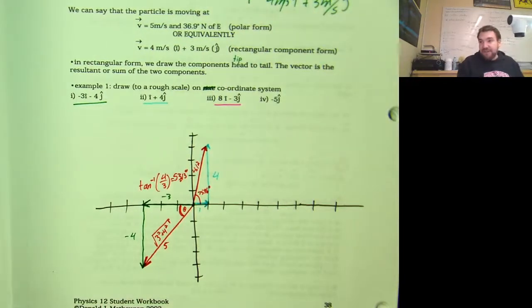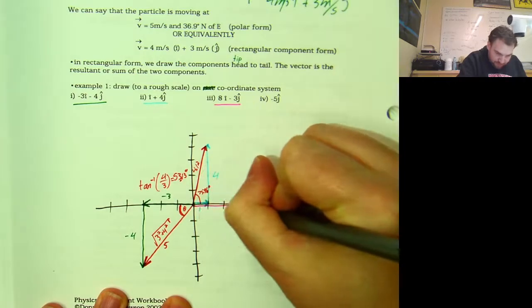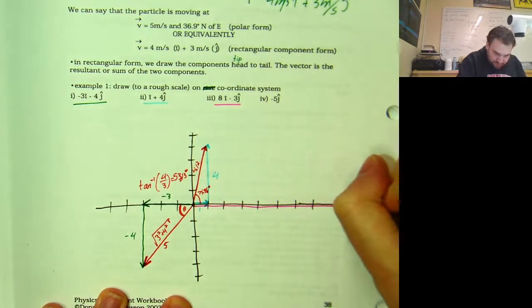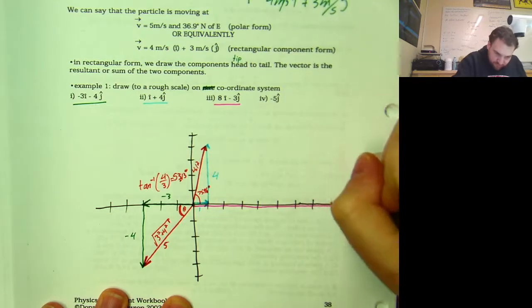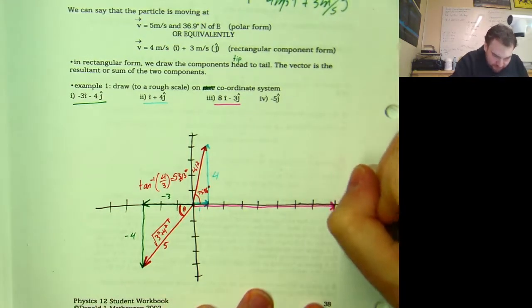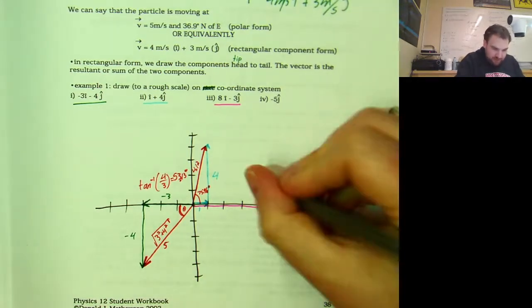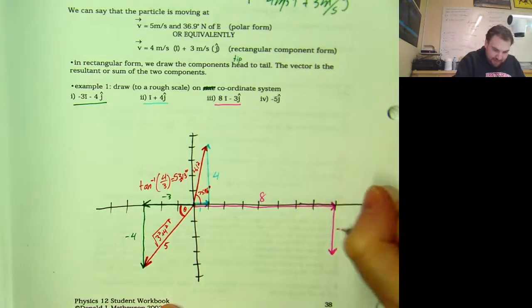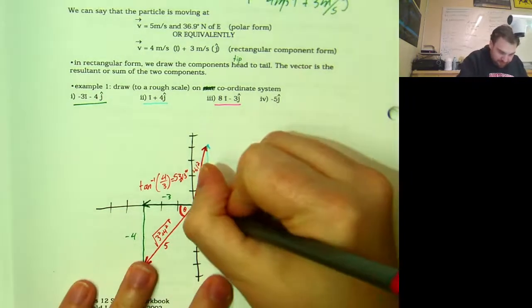8 I hat minus 3 j hat. So 8 I hat's going to go out this way, 1, 2, 3, 4, 5, 6, 7, 8. So there's my 8 I hat minus 3 j hat. It's going to take us down 1, 2, 3. Those are the components.